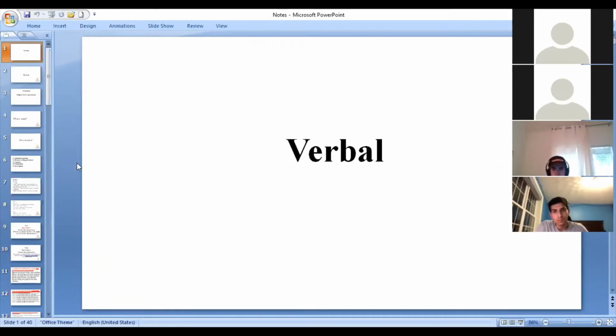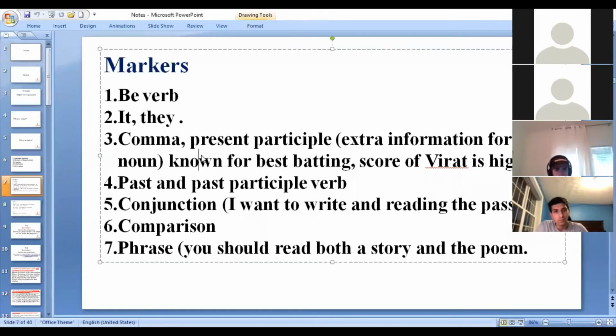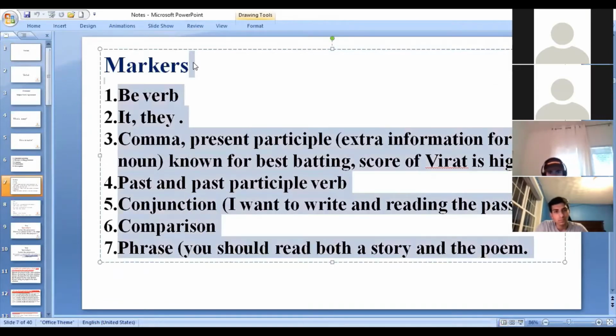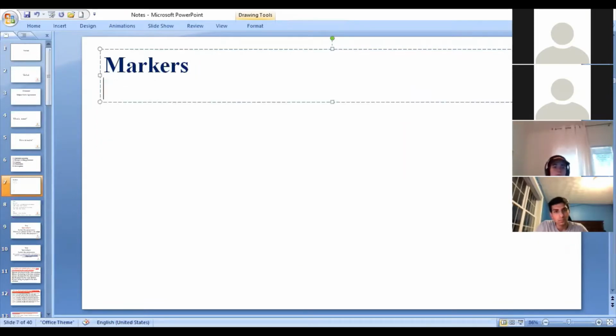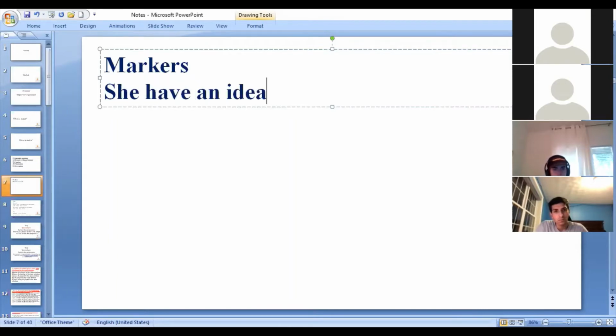The first common thing is subject-verb agreement. What if I write the sentence, she have an idea. Is it a correct sentence?